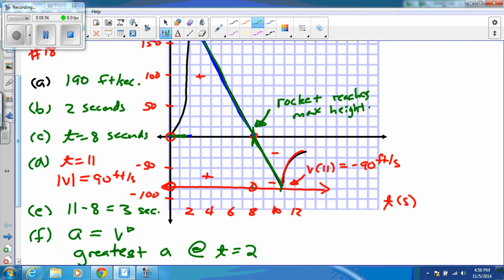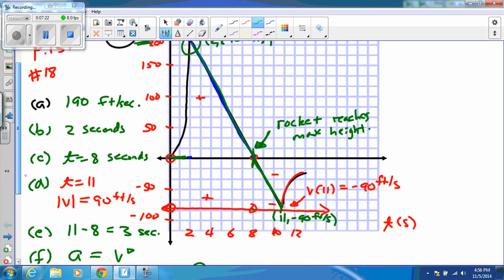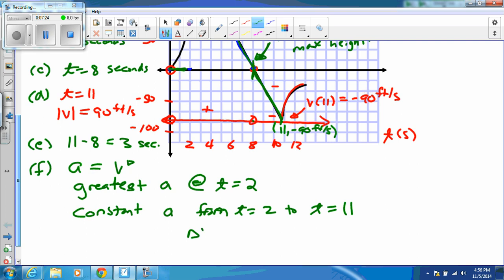Just as a bonus question, we wonder what that constant acceleration is. So we go back to the graph and try to read off the slope. At t equals 2, we have a velocity of 190 feet per second. And down here at t equals 11, we have a velocity of negative 90 feet per second.